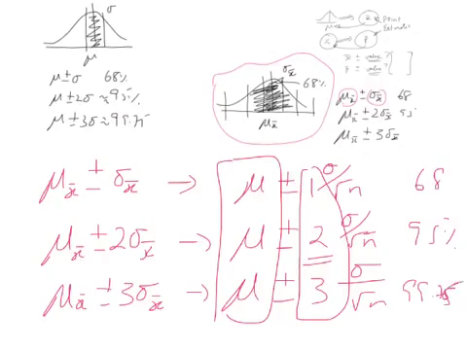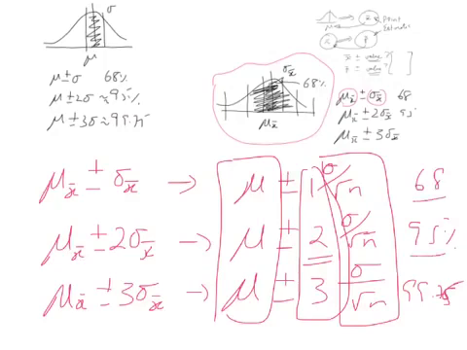And then what we have here is the standard error. So a factor times the standard error. So the intervals that we're producing are a factor times the standard error. Okay?